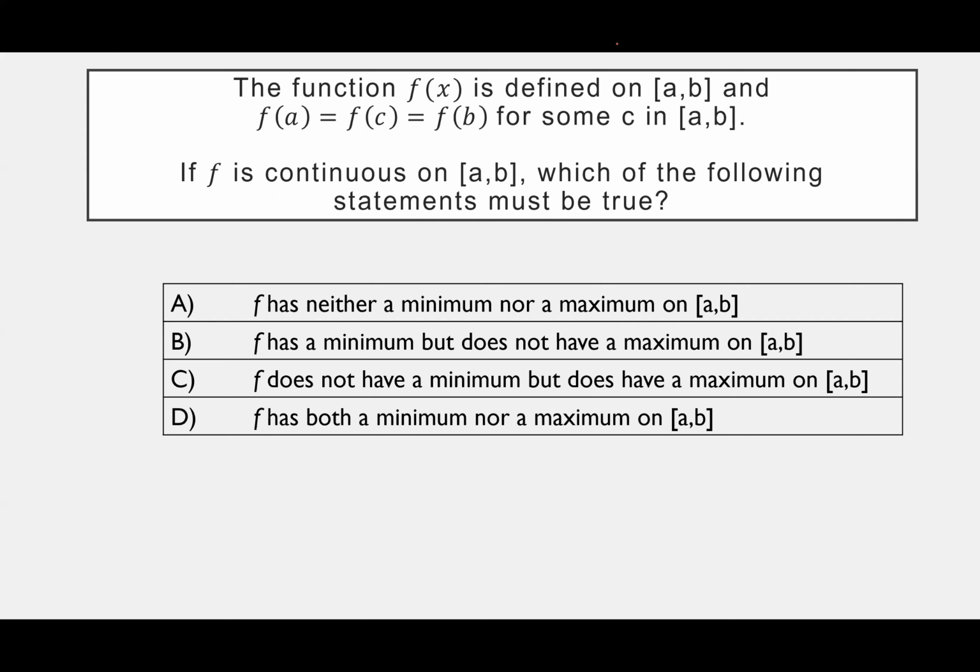I'm going to draw out what that means. Okay, we were told that c is inside the interval a and b. So right now c is some x value between x equals a and x equals b. So our function looks something like this.